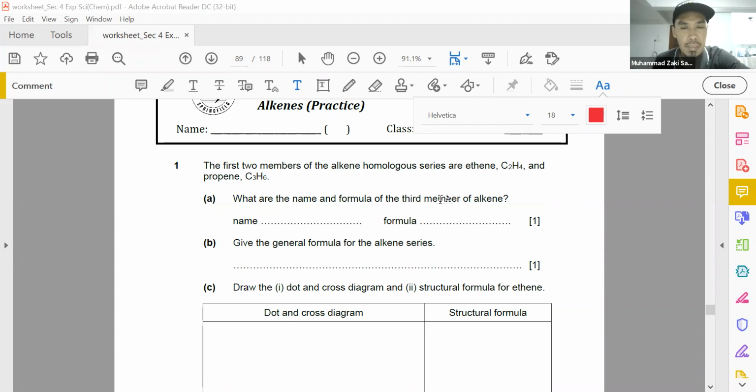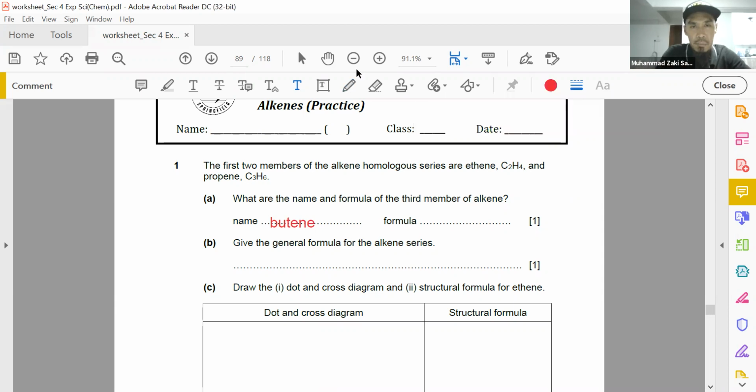Do you think it's propene? Actually, no, because third means it has three carbons. Remember alkenes start with the two-carbon member, ethene. So ethene first, propene second, third should be butene, B-U-T-E-N-E. So the chemical formula will be CnH2n.